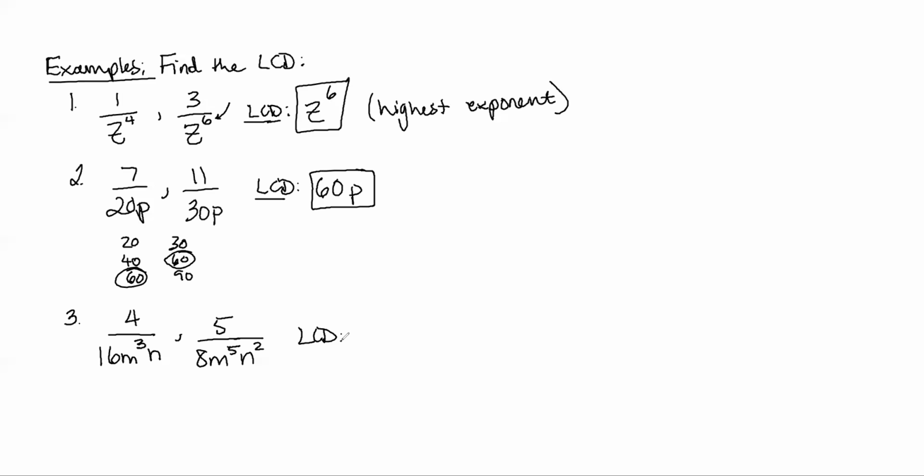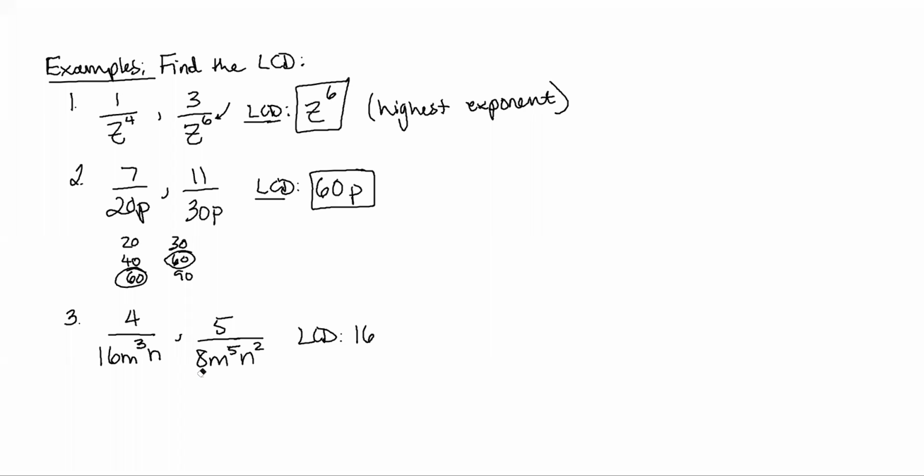Well, we have single terms, so no, we can't. Now let's go ahead and look at the numbers first. So we have a 16 and an 8. What is the smallest number that they both go into? Well, in this case, it's going to be 16. So this number still isn't smaller than either of these, but it is exactly 16, which is fine.